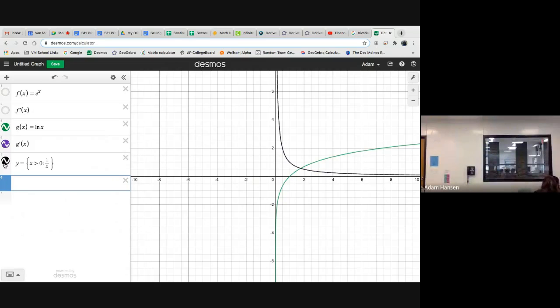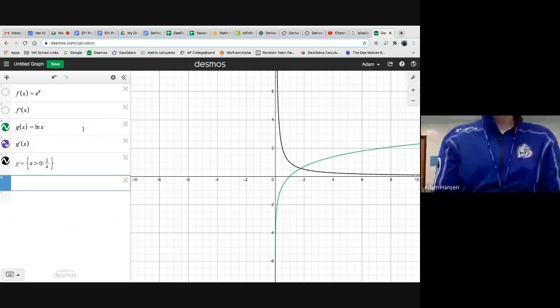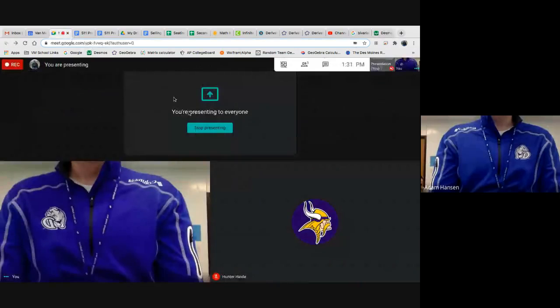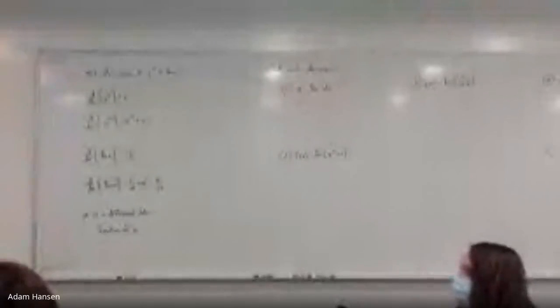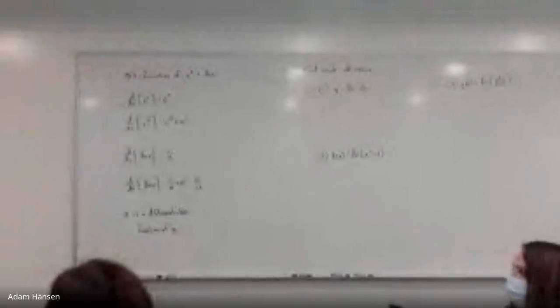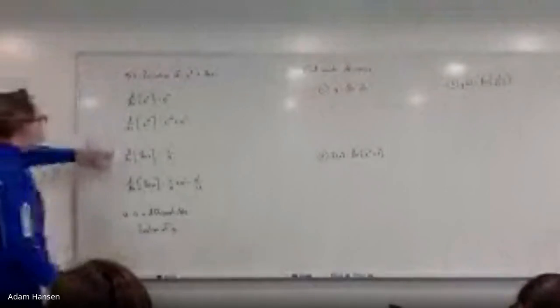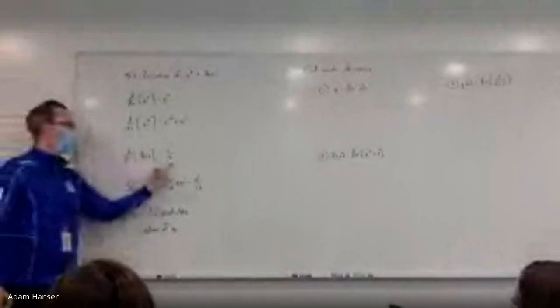So, the derivative of natural log of x is 1 over x.